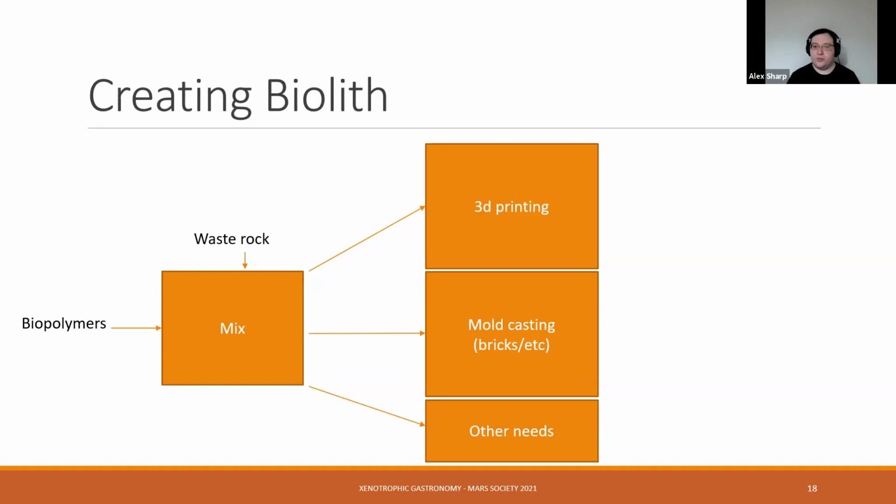And this has the advantage of, one, unlike a standard bioplastic, you don't need to create all of the plastic there. You're only creating enough to, for example, coat the particles of the waste rock. But you can still use it to 3D print things. You can still use it to cast out bricks and that sort of thing. And so for using it to create structures, for example, the ditch farms that I mentioned previously, creating those walls out of this biolith is, again, very interesting.